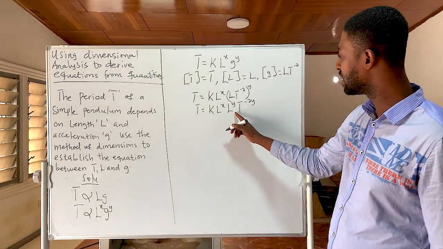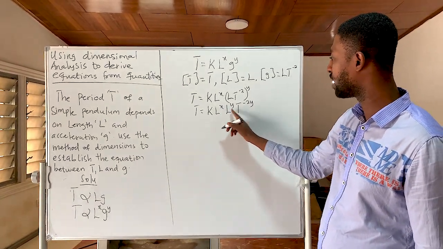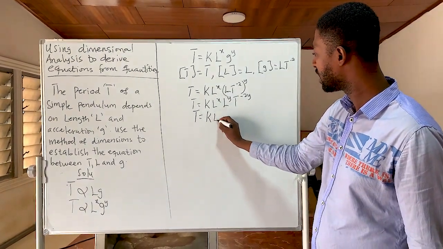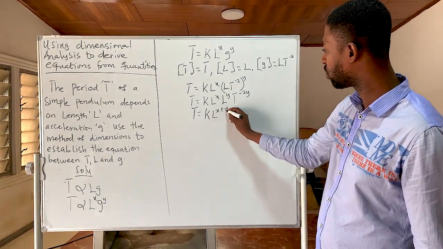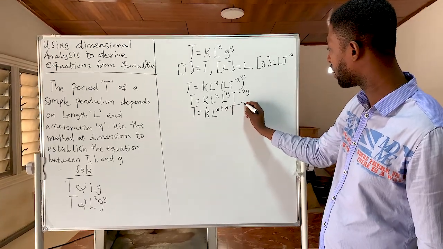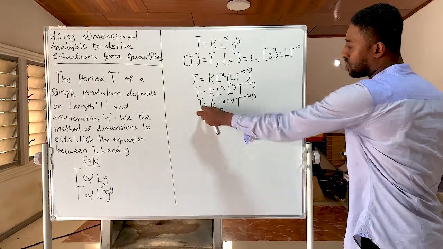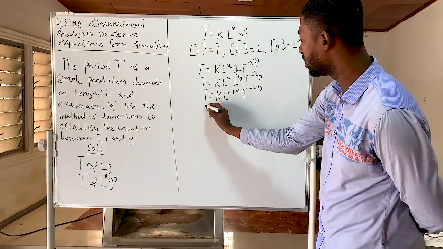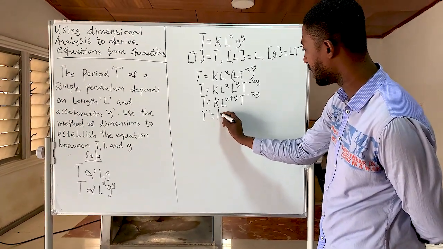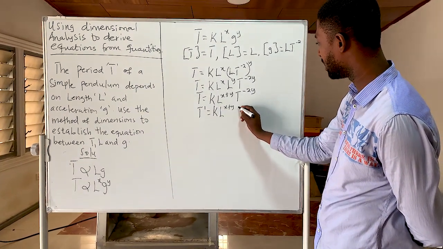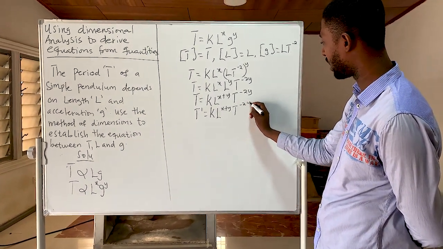Then this is L times L, so the indices have the same base and we just add the exponents. So T is equal to k L^(x+y) T^-2y. Now remember, any number can be raised to the power 1, so we can have T^1 equal to k L^(x+y) T^-2y.